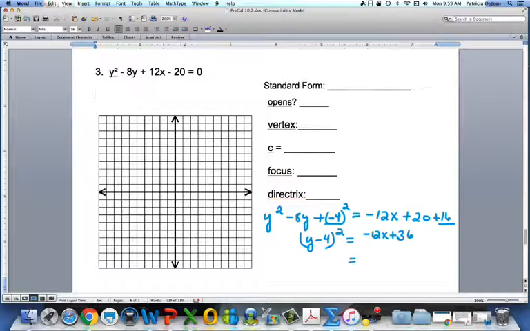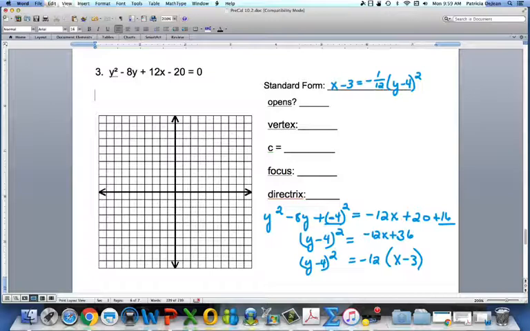We want to factor out a negative 12, which is going to leave us with (x minus 3) and (y minus 4) squared. So when I divide by negative 12, I'll end up, and I'll write this up in the standard form, x minus 3 equals negative 1/12 (y minus 4) squared.